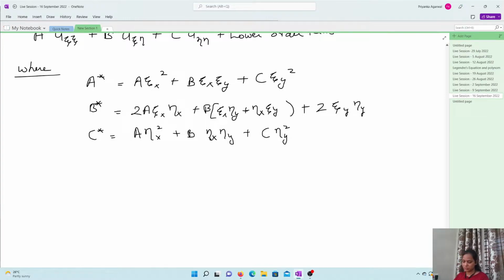Now here the Jacobian should not be equal to 0.